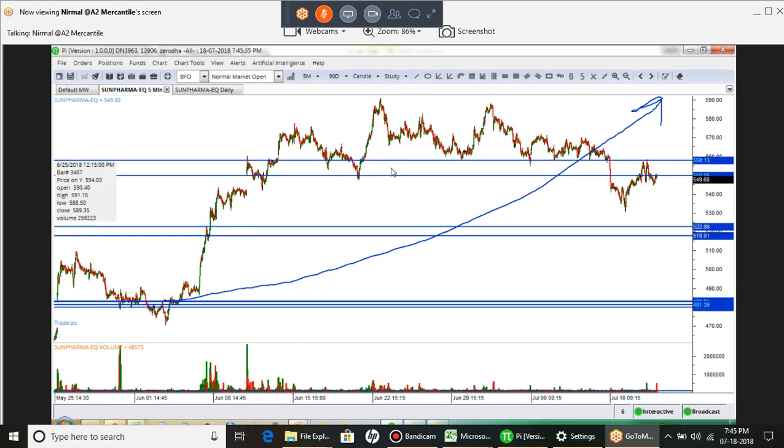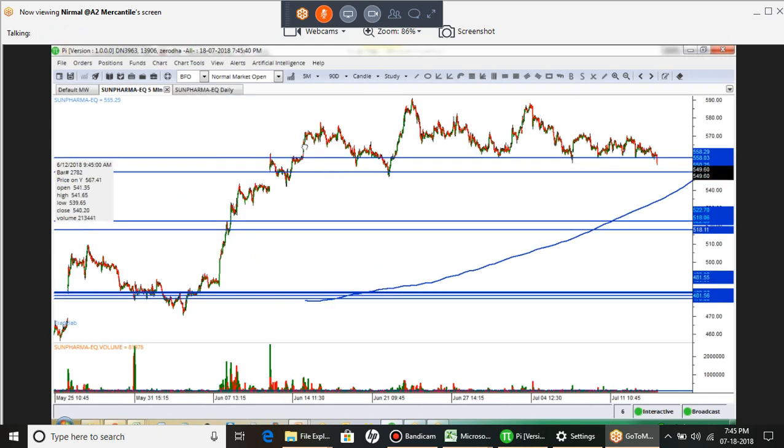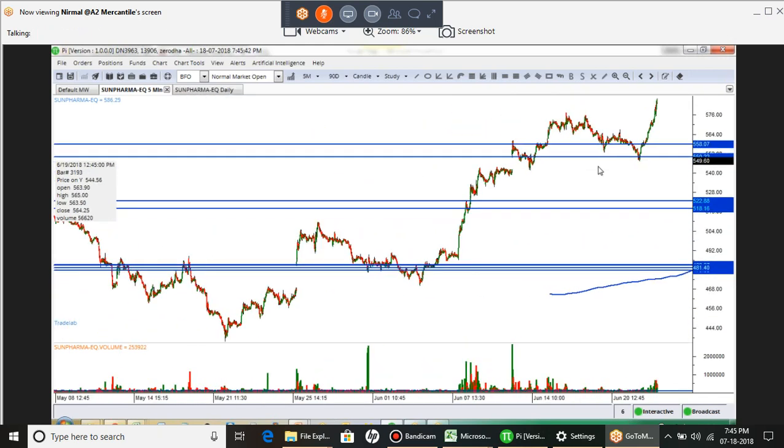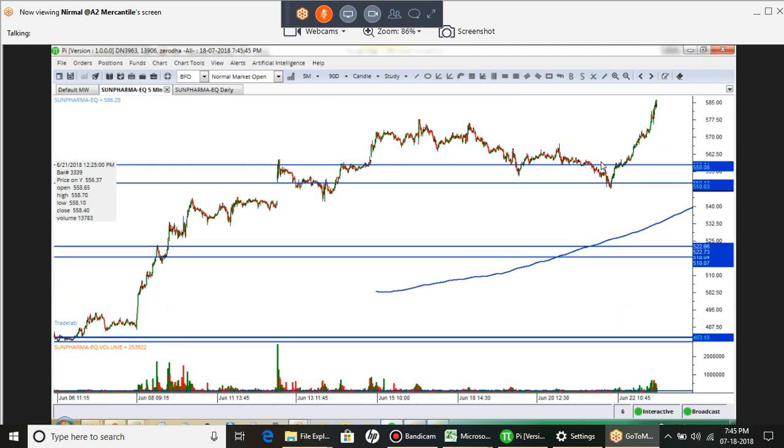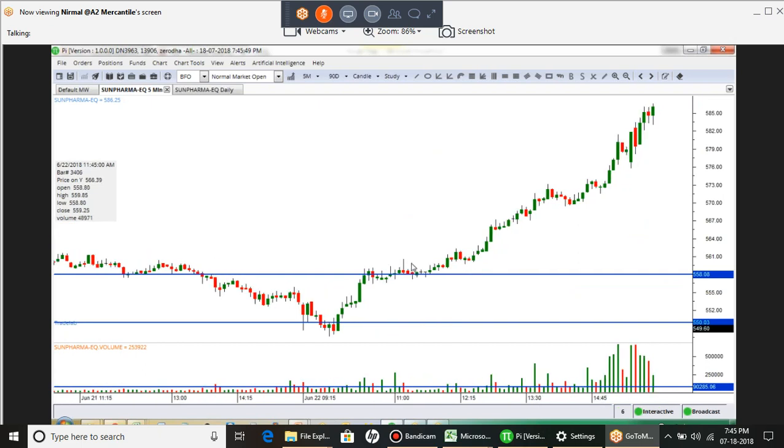Now, look at this area. It opened somewhere here, broke out, took support. All this is 5 minute, right?